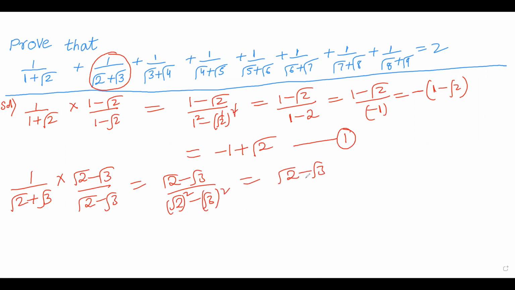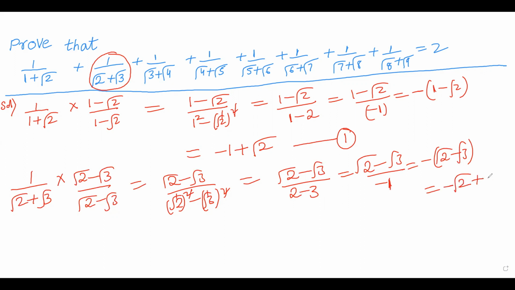Root 2 minus root 3 by square and root will get cancelled, 2 minus 3. Root 2 minus root 3 by minus 1. Take minus upside. Root 2 minus root 3. So on opening the bracket, you will get minus root 2 plus root 3. Got it?